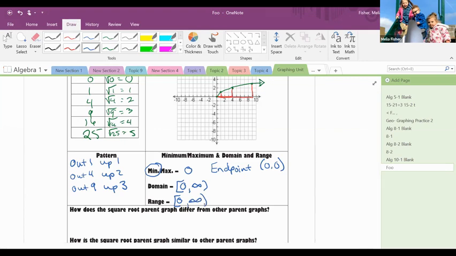So what's different here? Well, there's no vertex. There's no axis of symmetry. We can't cut it in half. And it only goes in one direction.